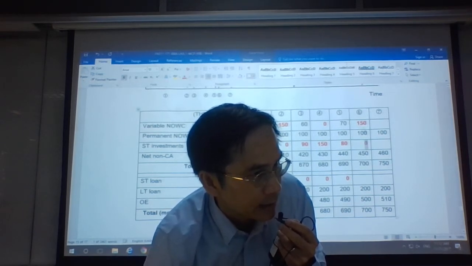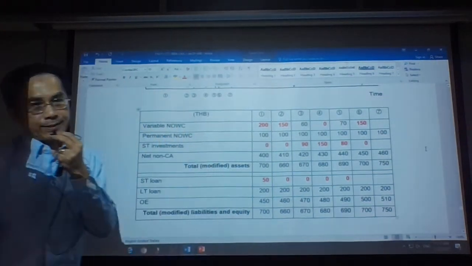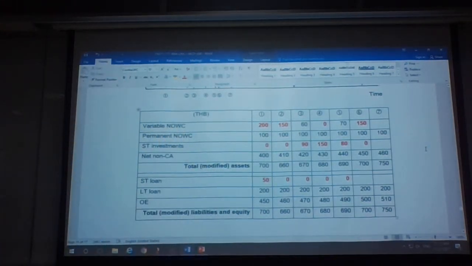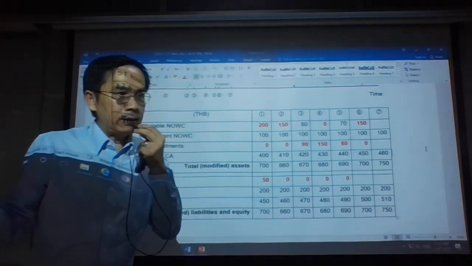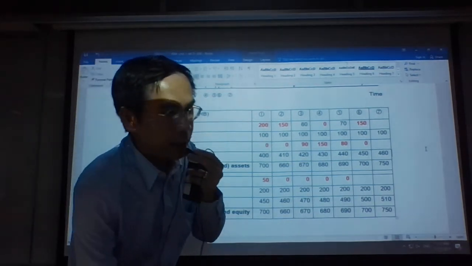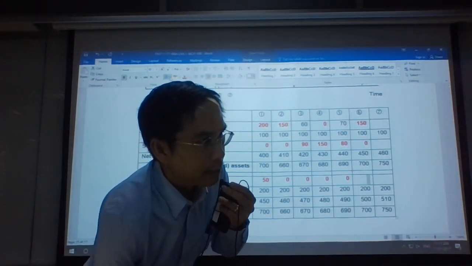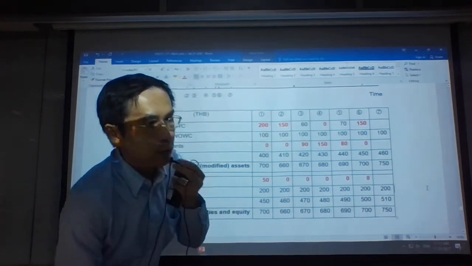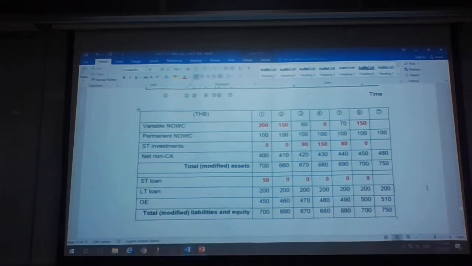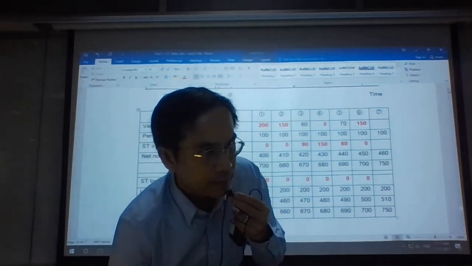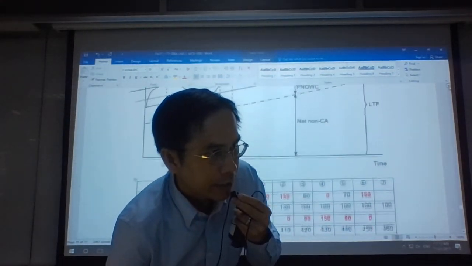Because at point 6, no marketable securities are left because you sell them off to get cash to invest in more variable net working capital. And of course, you can use internal capital by selling marketable securities. Therefore, no need to borrow short term. Not yet. But the firm is about to borrow short term because now total assets keep increasing.